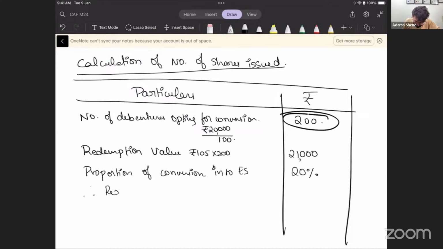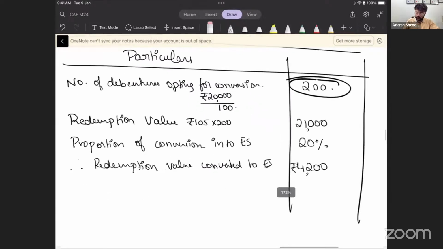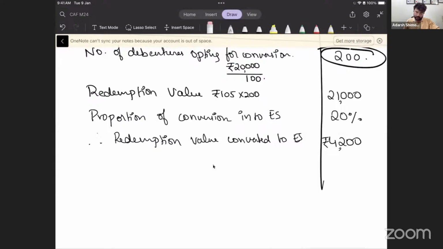Therefore, redemption value converted to equity shares is 21,000 into 20%, which is 4,200. So rupees 4,200 worth of equity shares have to be given to them. What is the value of one equity share? Value per equity share.